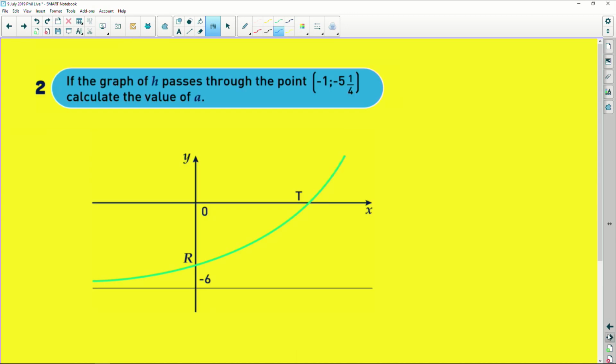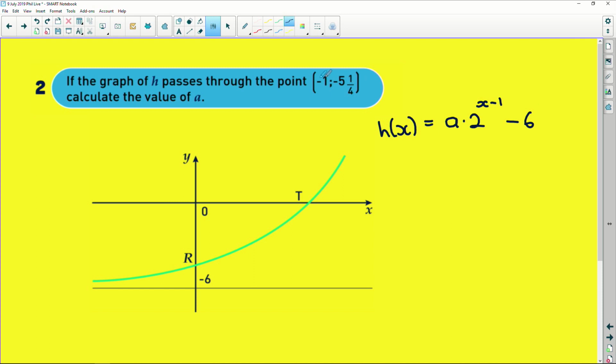Secondly, it says if the graph of h passes through the point (-1; -5¼), calculate the value of a. Now remember we've established that h of x is equal to a, we don't know yet, multiplied by 2 to the power of x minus 1, minus 6. That was that q value over there.